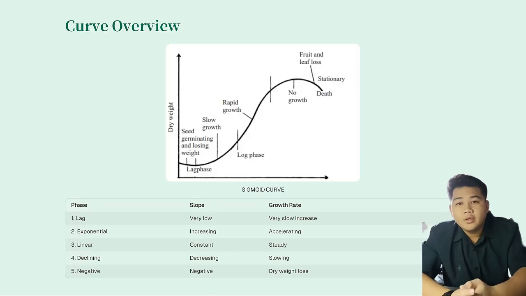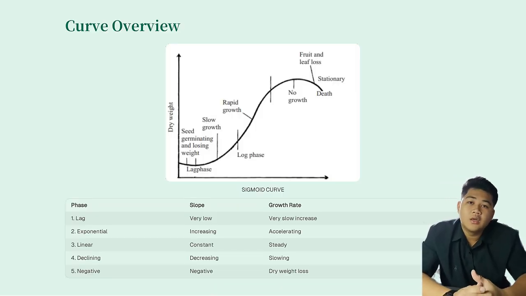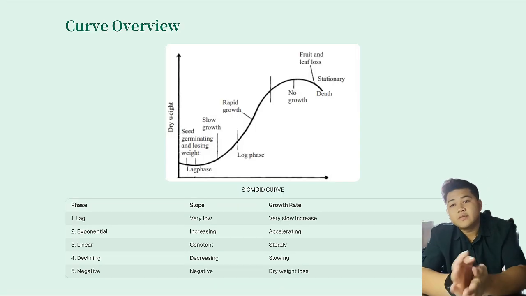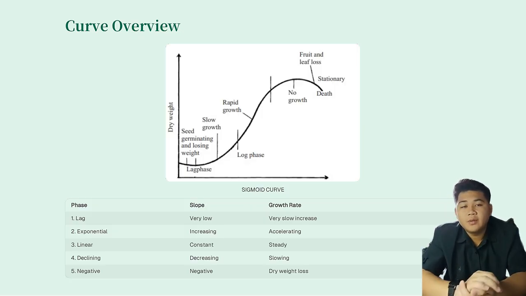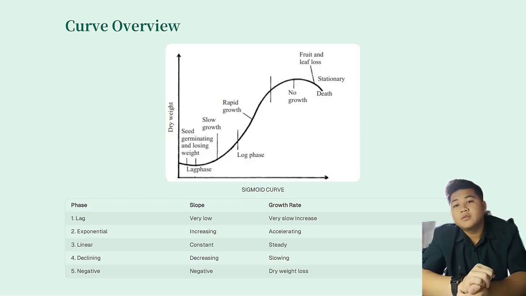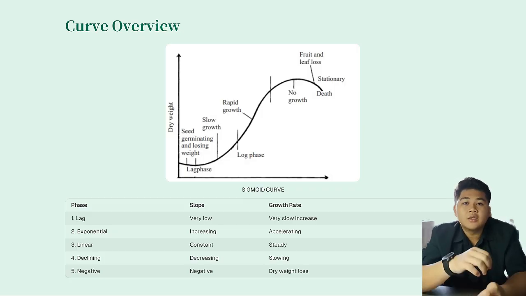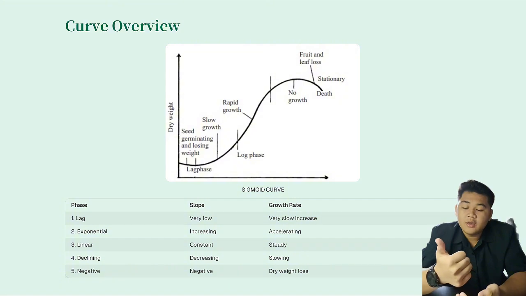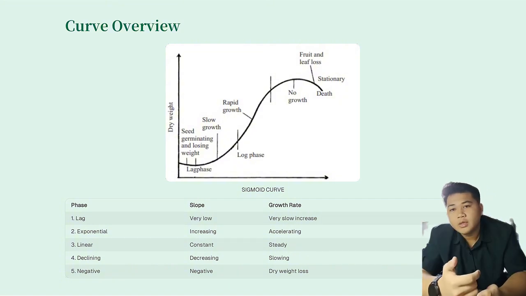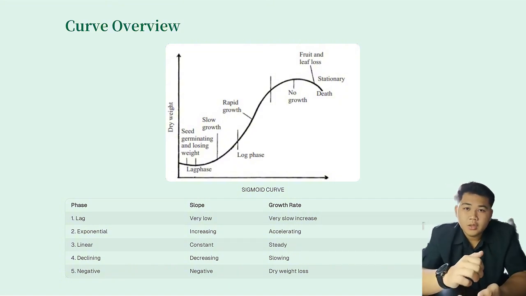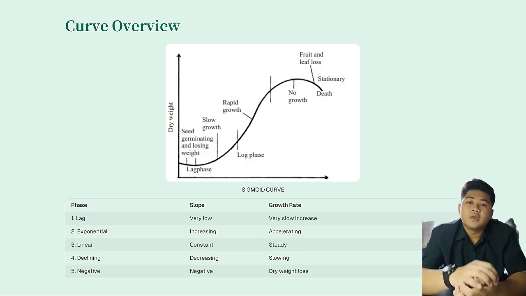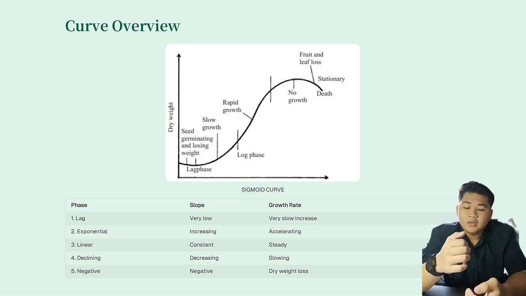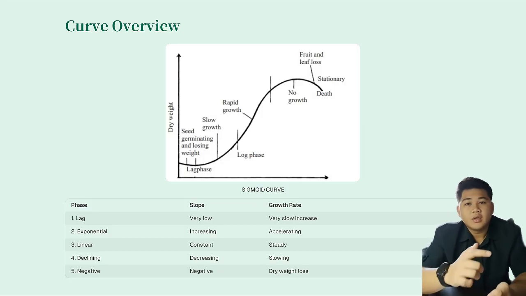Now move on to the next slide, which is the curve overview. In this curve overview, you can see an S-shape and 5 phases that are labeled. This table summarizes each phase. The lag phase has a very slow slope, which means very slow growth. The exponential phase has an increasing slope, which means growth accelerates.